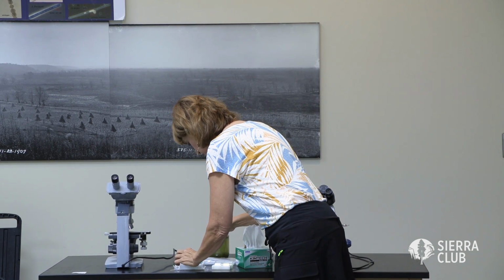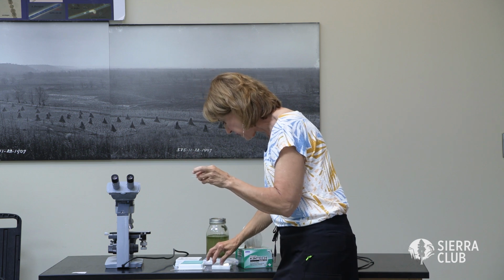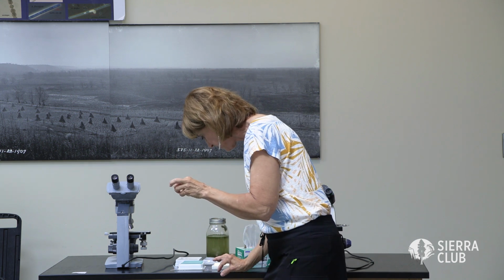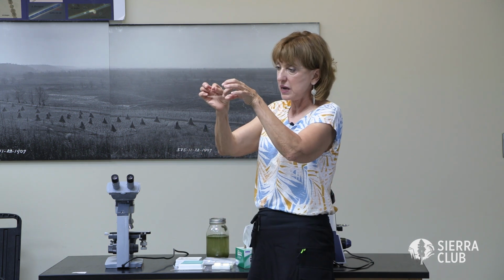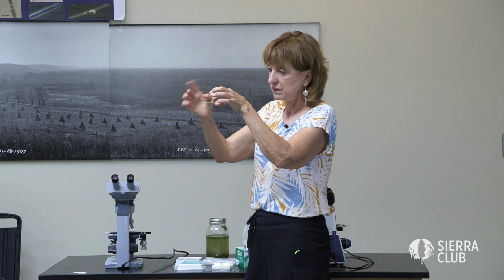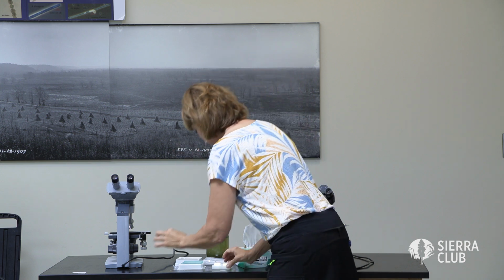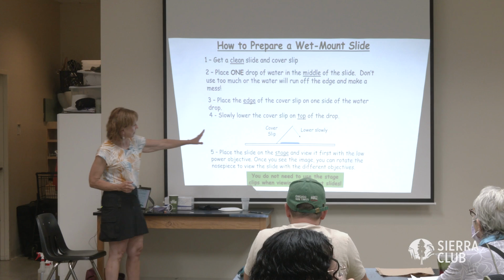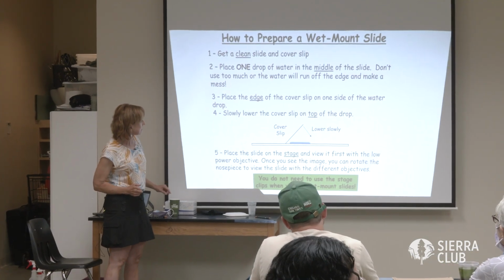After you've got your drop on your slide, you're going to take a cover slip and just let it fall on it. And then this is going to go under the scope. It's fun. Note how they're lowering the cover slip slowly.